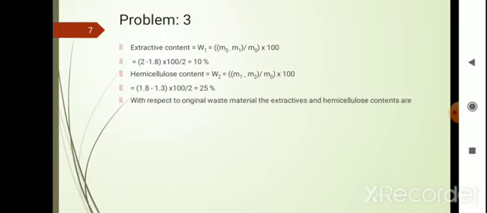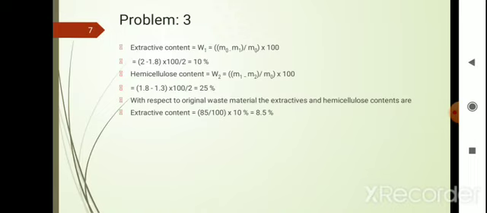So what will be the new value with respect to the original material? So we are obtaining 10%, but in that, sorry, not 25%, 15% is moisture. So in the question it is considered as 15% moisture.